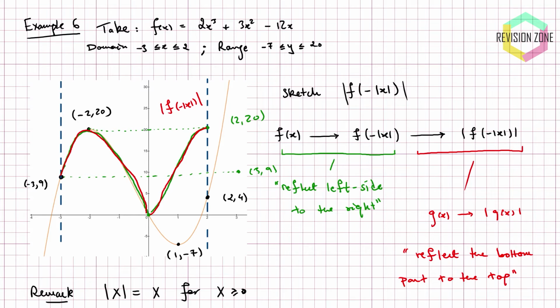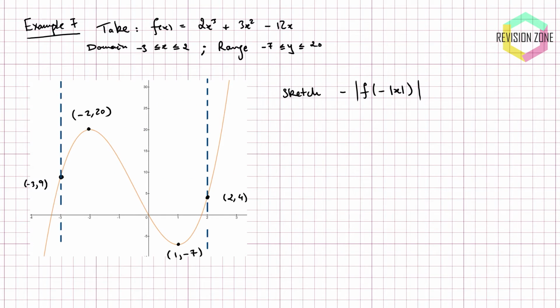Let's take a look at the next example. So example 7, we have in fact the exact same thing as we had last time, but now with a negative on the outside. Okay, I'm just including this example for the sake of completeness, to give you a good understanding of what happens when all these different combinations of positives and negatives and the modulus sign being on the inside or on the outside show up.